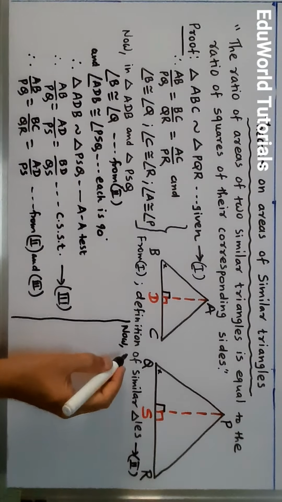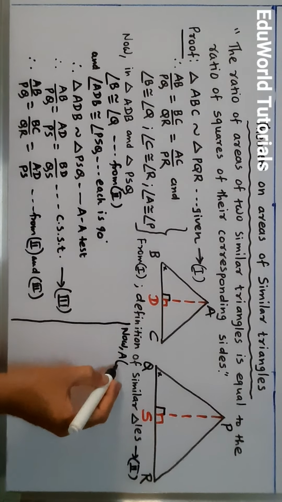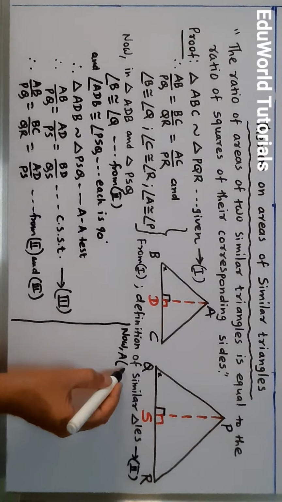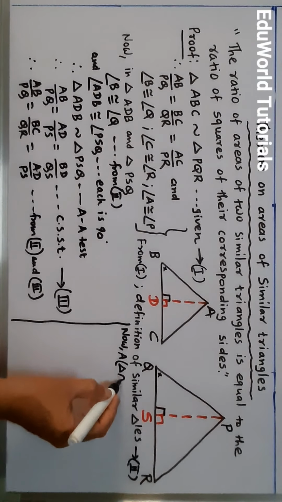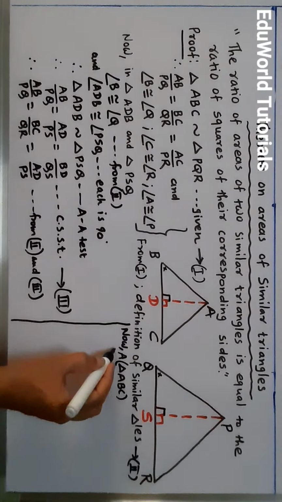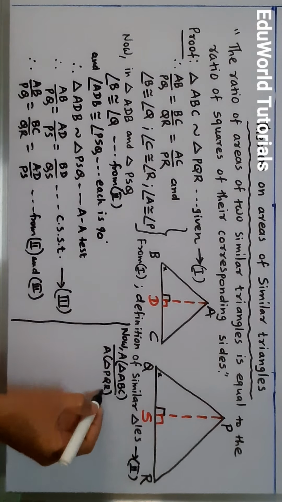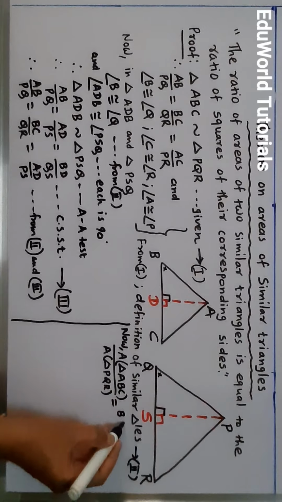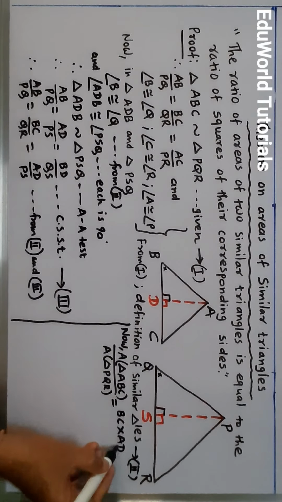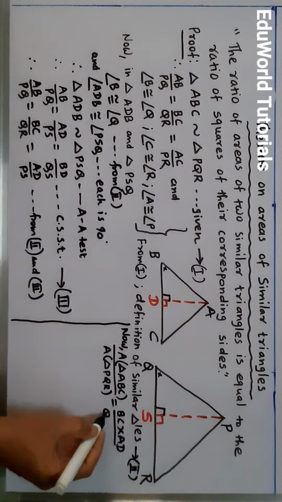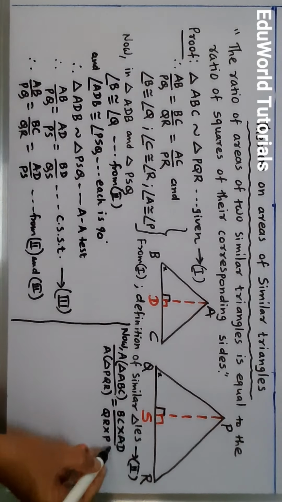Now students, recall the first property which we did in the beginning of the chapter: area of triangle ABC upon area of triangle PQR is equal to base into height upon base into height.